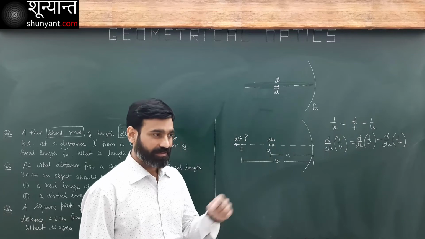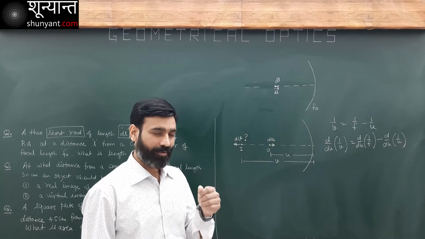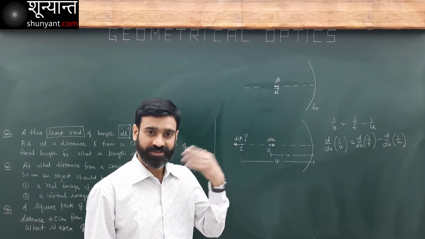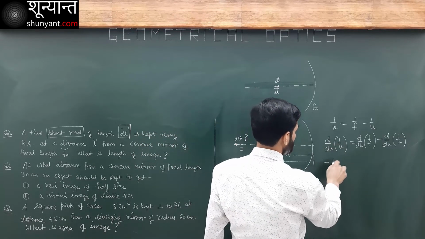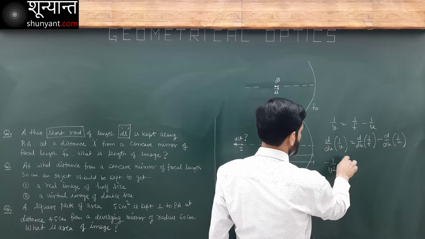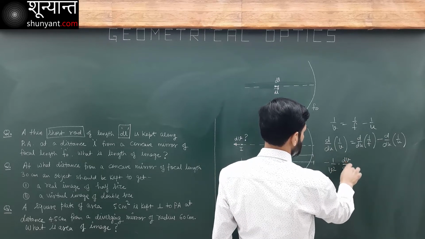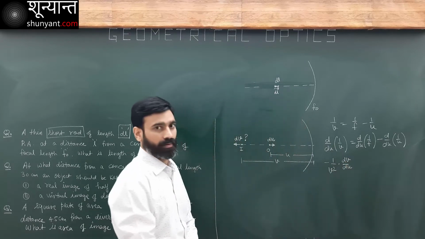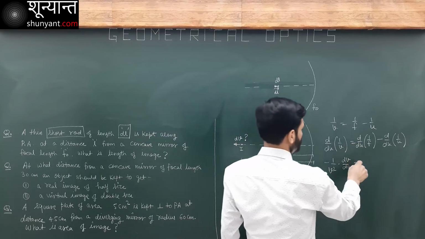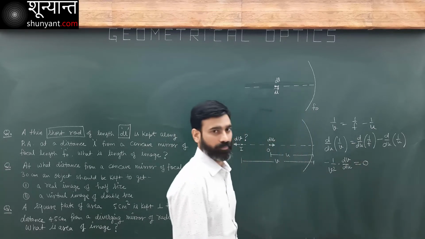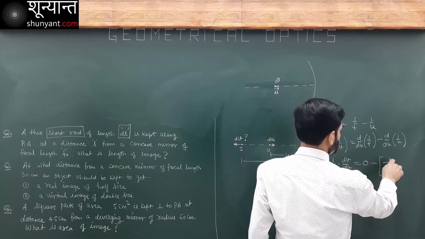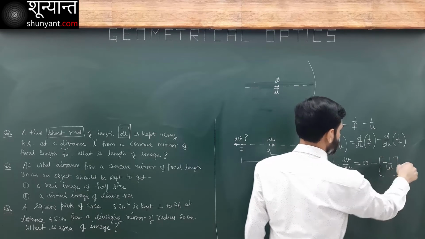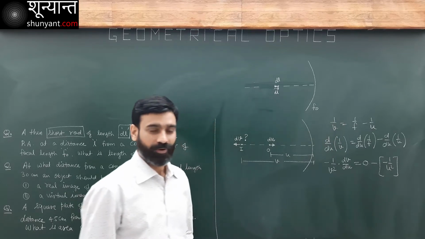I am changing u by a small value and I want to find what changes in v, the image distance. This becomes minus 1 over v square times dv over du. This thing is going to be 0. Minus this thing is going to be minus of 1 over u square.